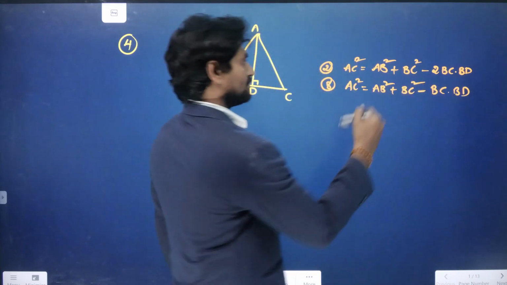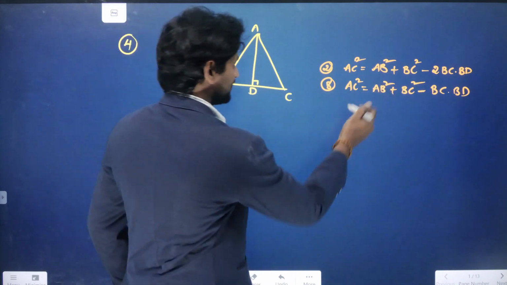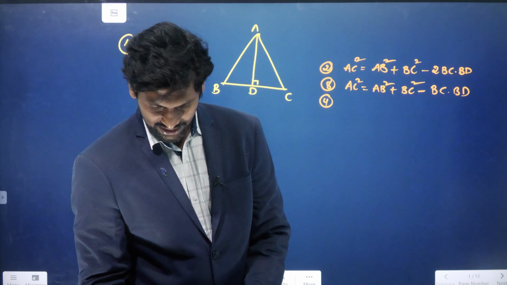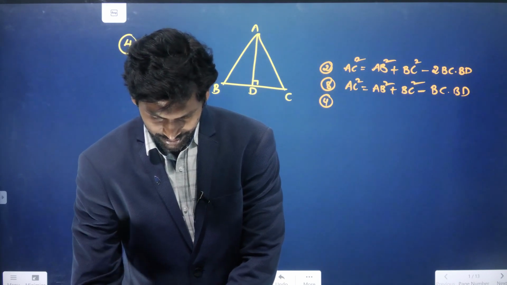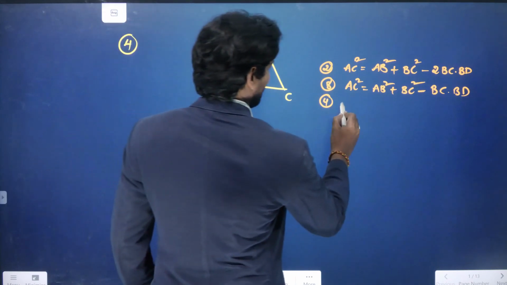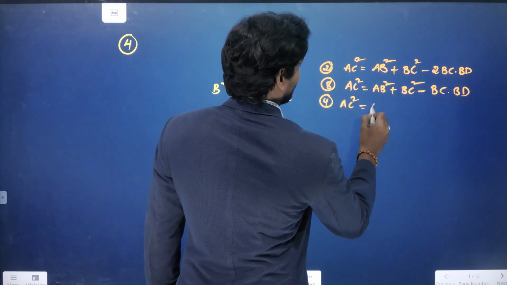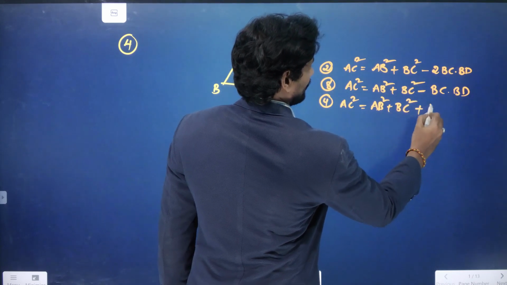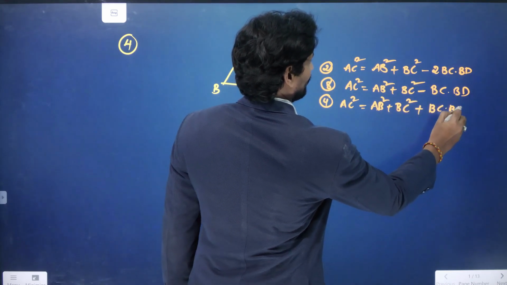Just observe the difference between these two options. Only 2 is missing here. Now option number 4: AC square equals AB square plus BC square plus BC into BD. Same, but here the plus symbol is given.